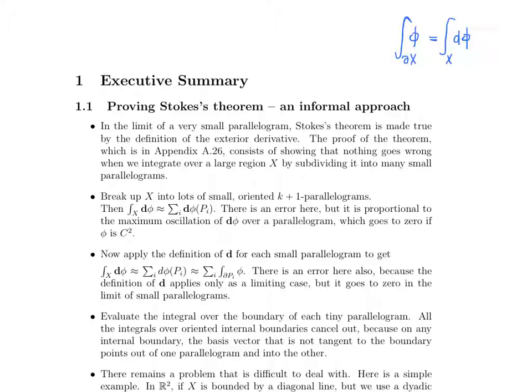Now, our next step, instead of thinking about X, consider an enormous number of k+1 parallelograms, we're now going to apply the definition of the exterior derivative for each small parallelogram.